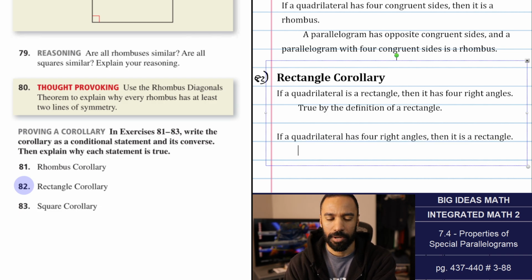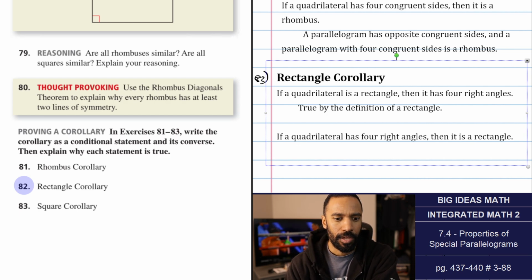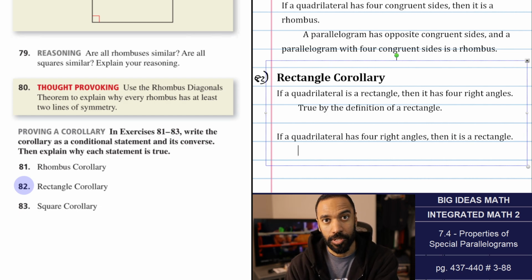Now this would just kind of be the same thing with talking about a parallelogram, right? The parallelogram's opposite angles are congruent.